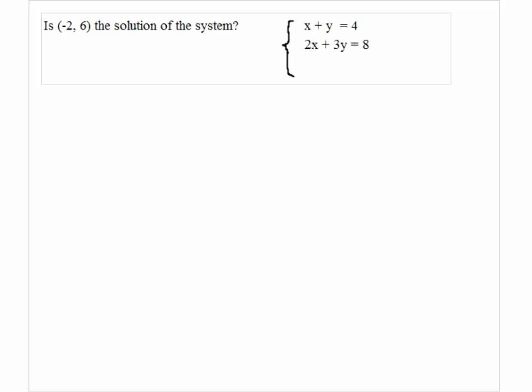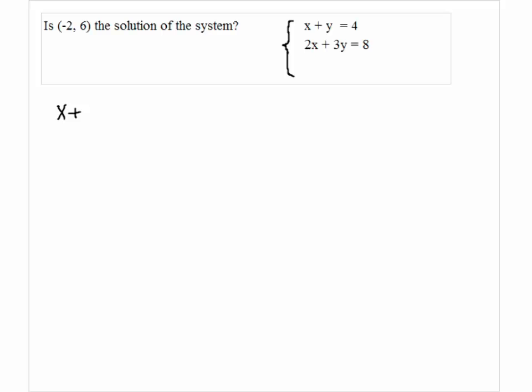Is negative 2, 6 the solution of the system x plus y equals 4, and 2x plus 3y equals 8? First, we're going to plug negative 2 into x in both equations and 6 into y in both equations to see if the statement is true.